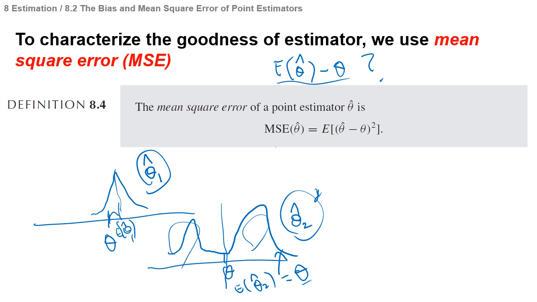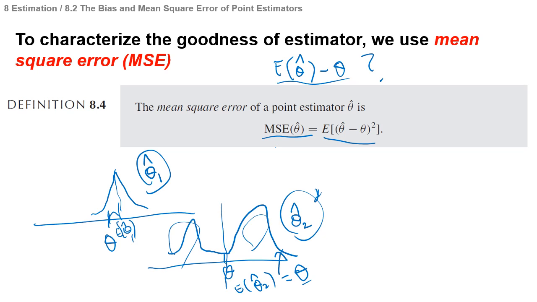Here we have the mean square error concept. We want our estimator to have a lower bias, and also we want the variance of our estimator to be as small as possible. So this is our estimator term, which is the expected value of theta hat minus theta, squared.